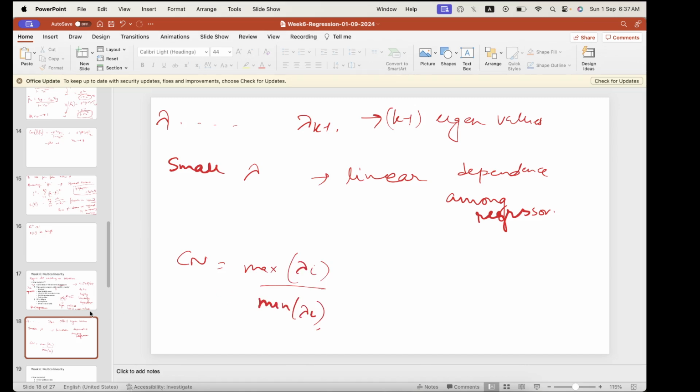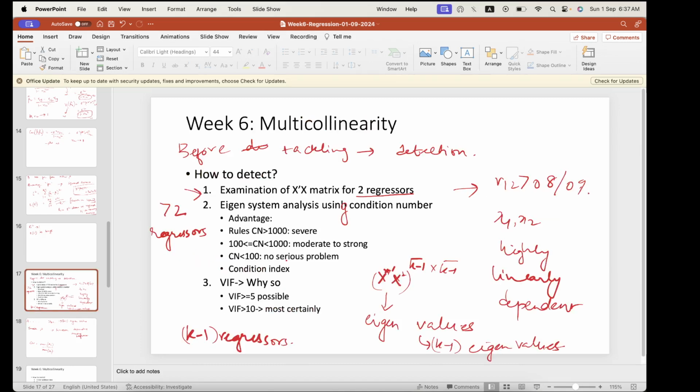And the rule is this: if Cn is less than 100, there is no serious problem. If Cn is greater than 1000, then there is a severe problem, and anything between 100 and 1000 is said to be a moderate to strong multicollinearity problem.